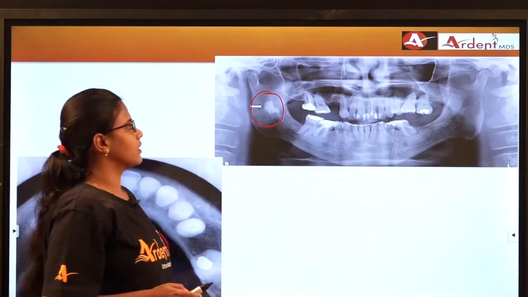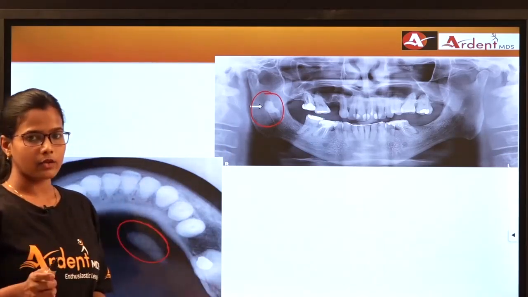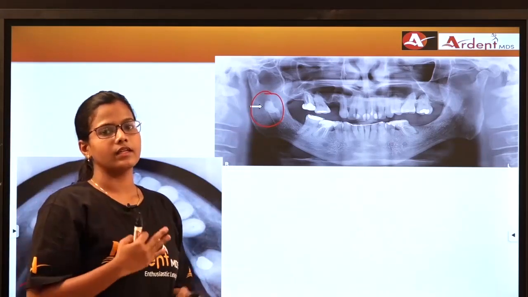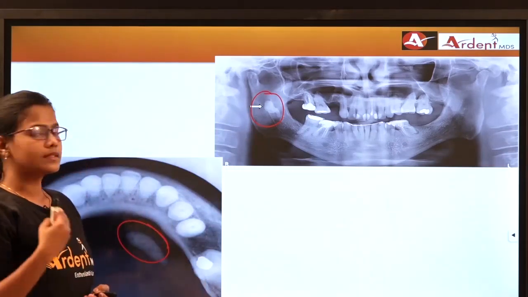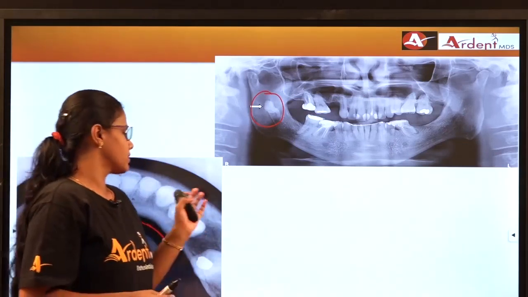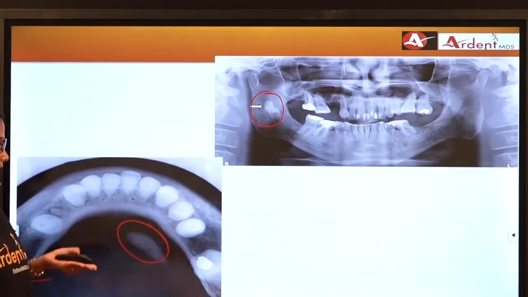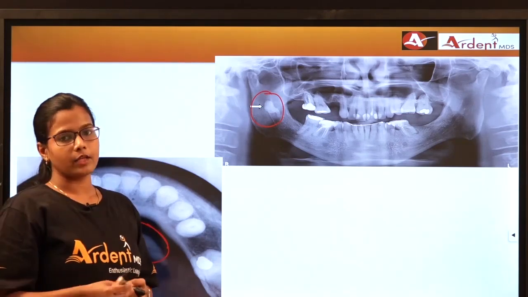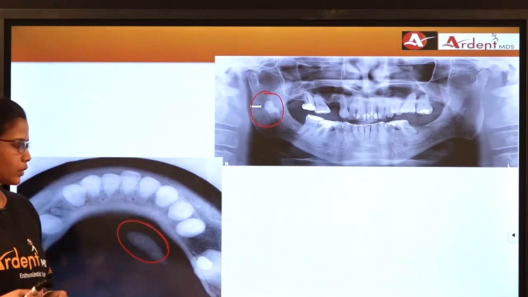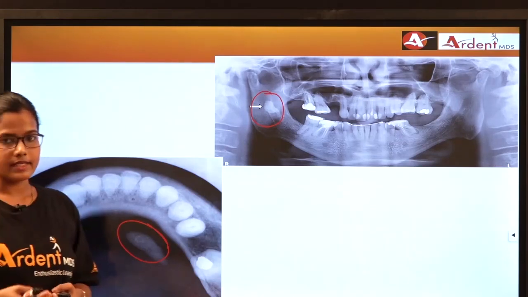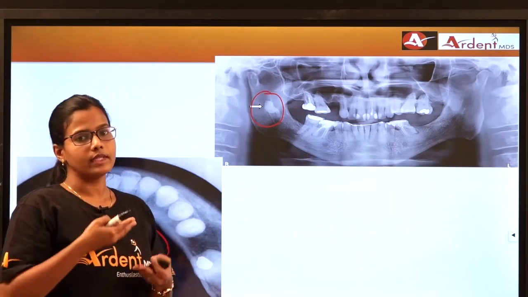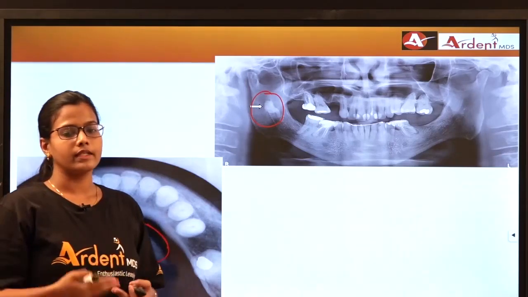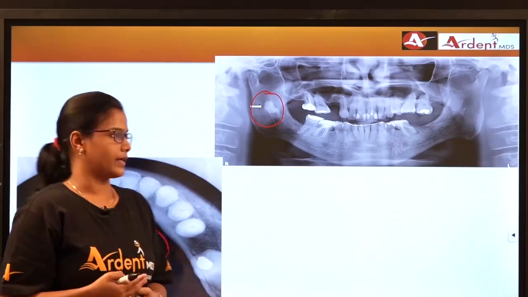This depicts a salivary calculi. Since this position is in the ramal region, it will probably be a parotid calculi. This mandibular anterior view shows a submandibular calculi. It is better to go for a mandibular anterior occlusal view if you are suspecting a calculi in the submandibular salivary gland.